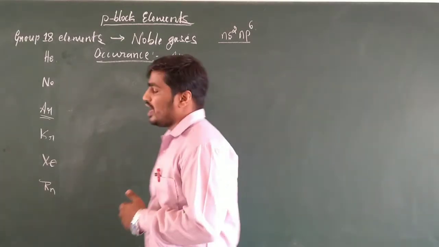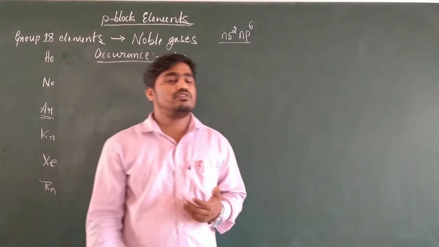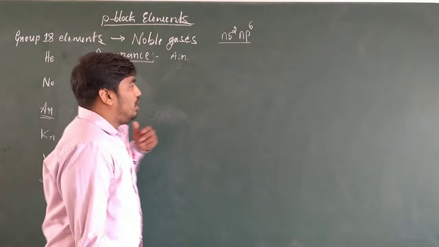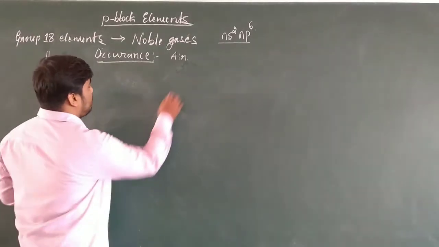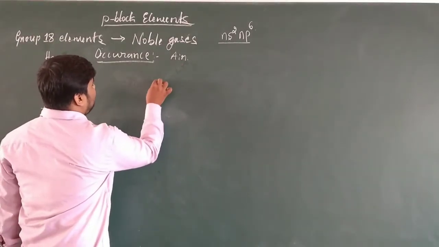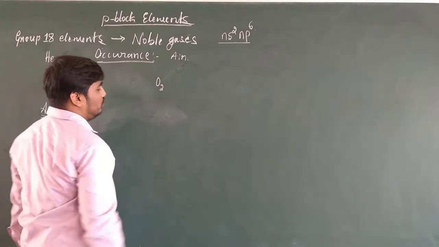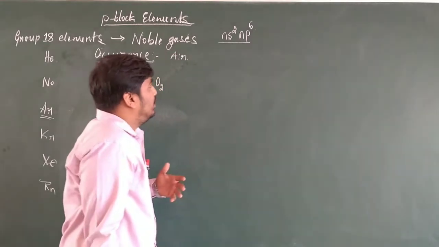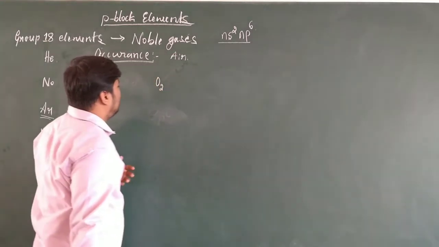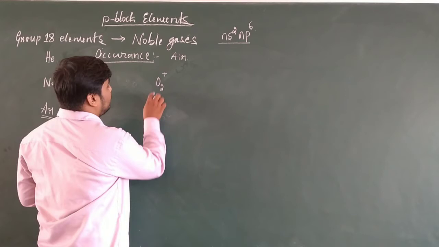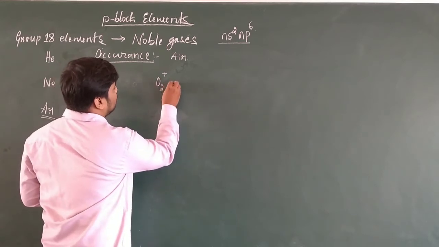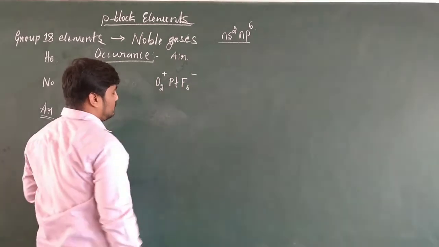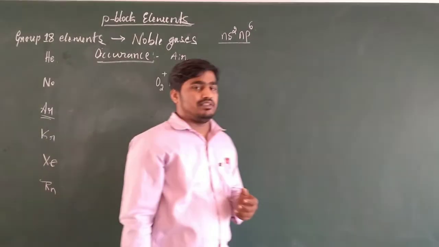Argon is the most abundant element. Now, the compounds of the noble gases. In the earlier condition, one compound was known, formed from different elements. The compound is O2 plus PtF6 minus, hexafluoroplatinate.